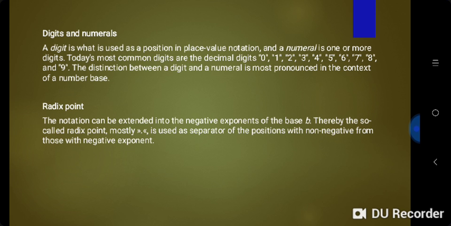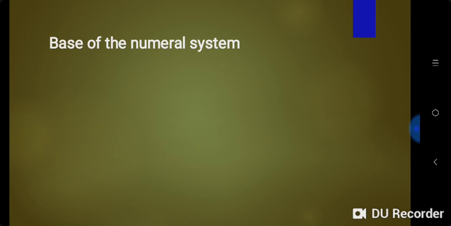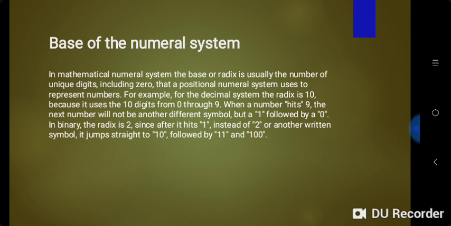The notation can be extended into the negative exponent of the base b. Thereby, the so-called radix point is mostly used as a separator of the positions with non-negative exponents from those with negative exponents. To understand further, the base of the numeral system: in the mathematical numeral system, the base or radix is usually the number of unique digits, including 0, that a positional numeral system uses to represent numbers.